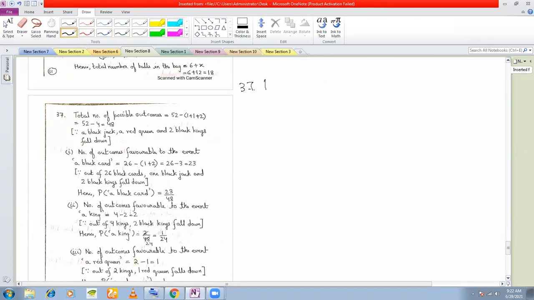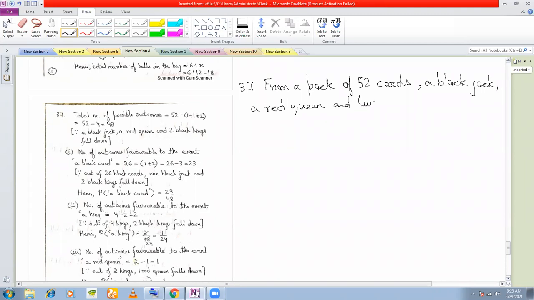From a pack of 52 cards, a black jack, a red queen, and 2 black kings fell down. Right? They were lost.